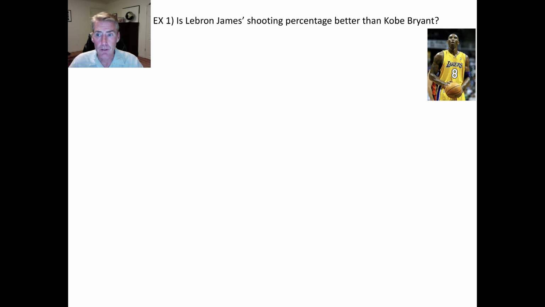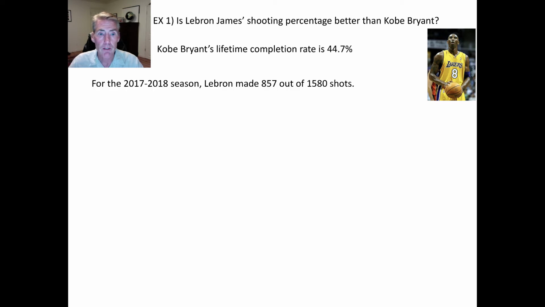So here's Kobe Bryant, just about to shoot the basketball. Do you think he's going to make it? Well, in case you didn't know, Kobe Bryant is retired. So this is his lifetime completion rate. As a professional basketball player, he made 44.7% of his shots. Now let's compare that to LeBron James.